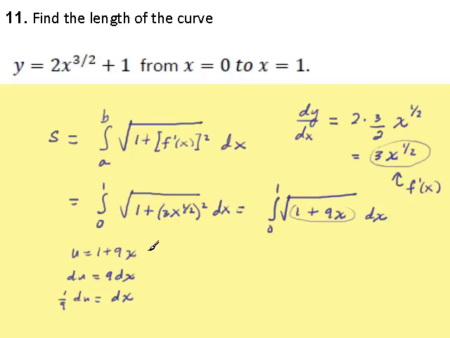All right, let's get those limits of integration. So for x equals 1, we have u is equal to 10. And for x equals 0, we have u is equal to 1. All right, so we're going to integrate from 1 to 10. And we have square root u, and for dx, we're putting 1/9 du.